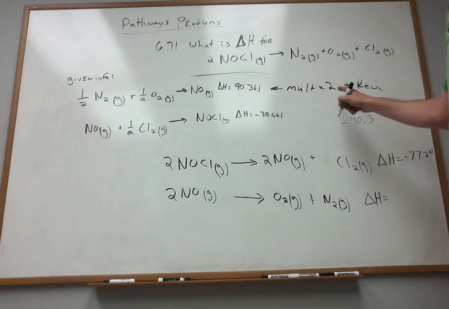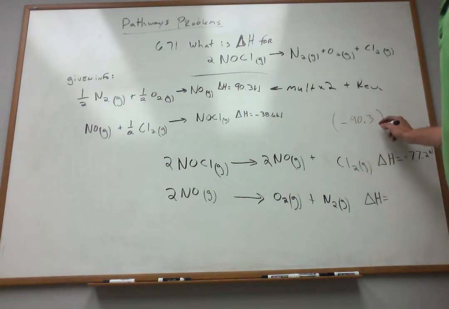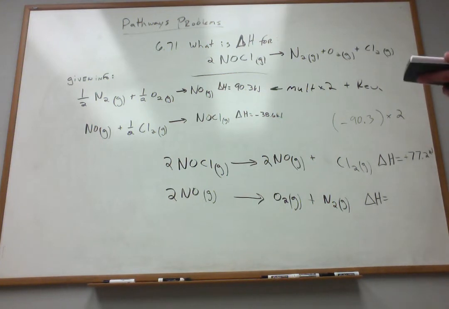But I also multiply by 2. So to compute my new enthalpy expected for this reaction, I need to multiply 2 times the 90.3 kilojoules, and that's going to make 180.6 kilojoules. And it's got to be negative because I've flipped the reactants and the products. You with me on that?